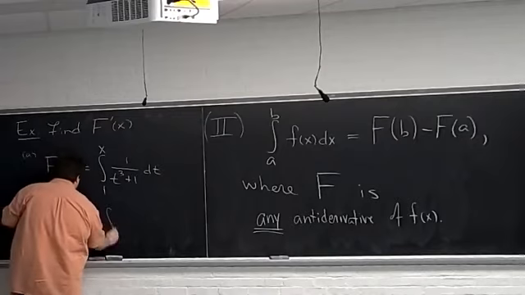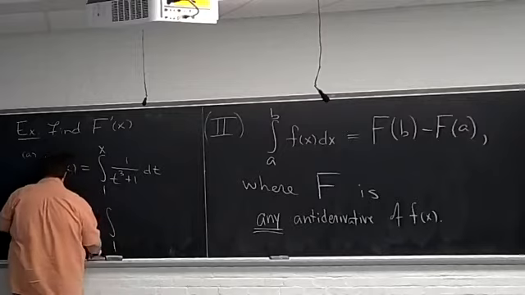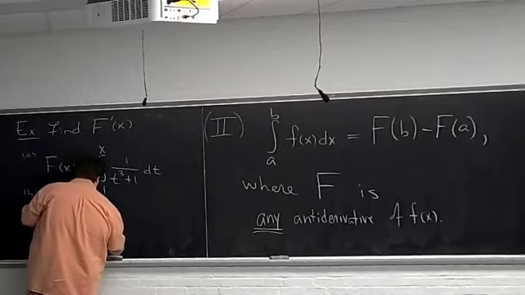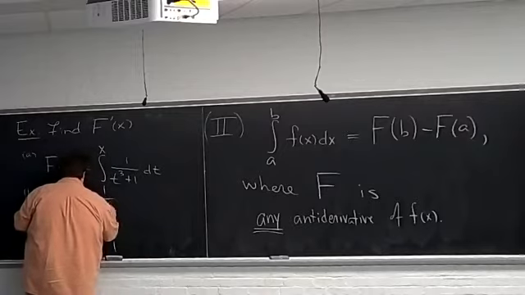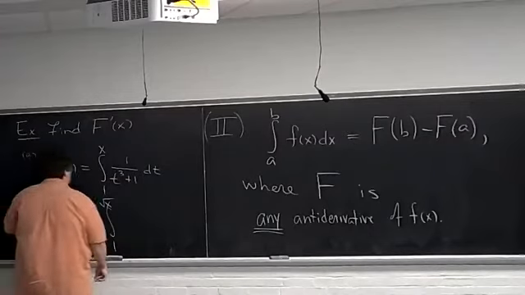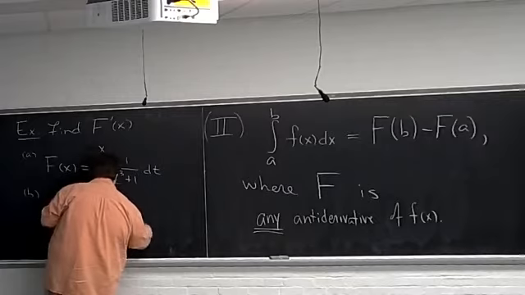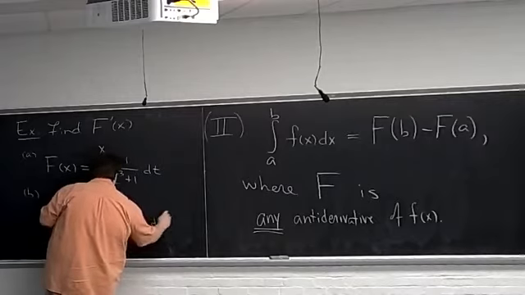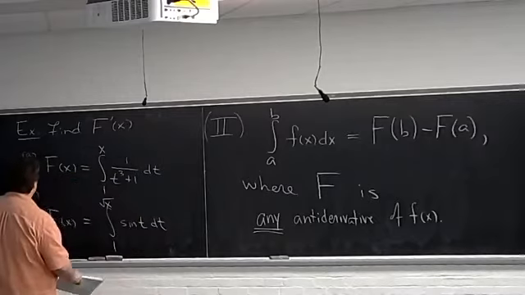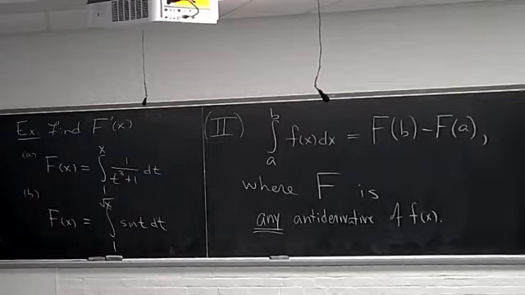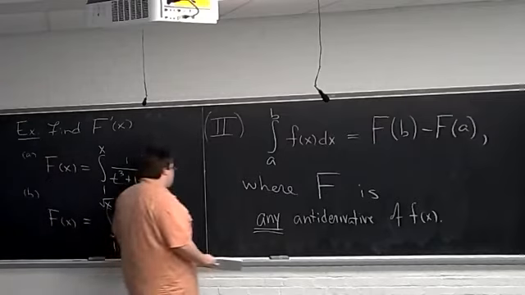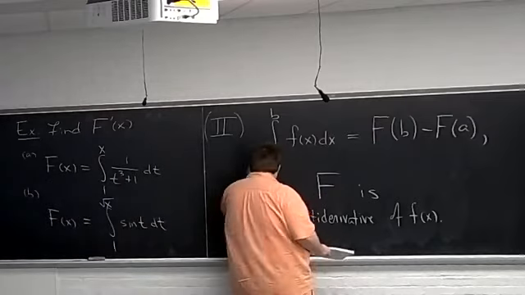Capital F equals integral from 1 up to root x of sine of t dt, and then we'll do 2 more after this. So there will be parts A, B, C, and D, but I'll write C and D after we do the computations for A and B.